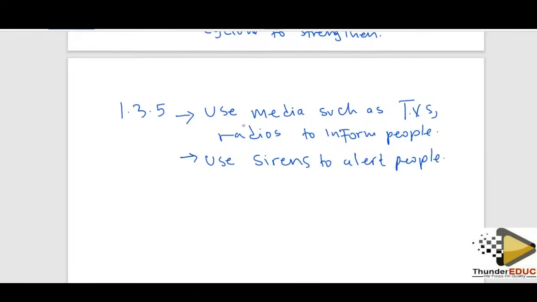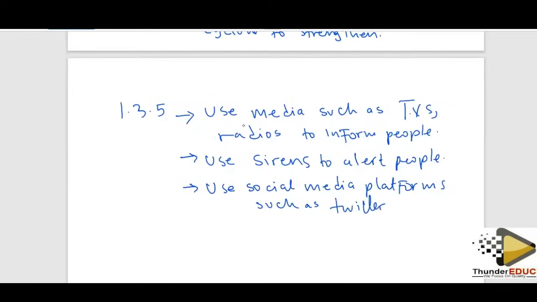people. We could as well use social media platforms such as Twitter, Facebook, TikTok, to inform people, because we know nowadays majority of people are on social media.